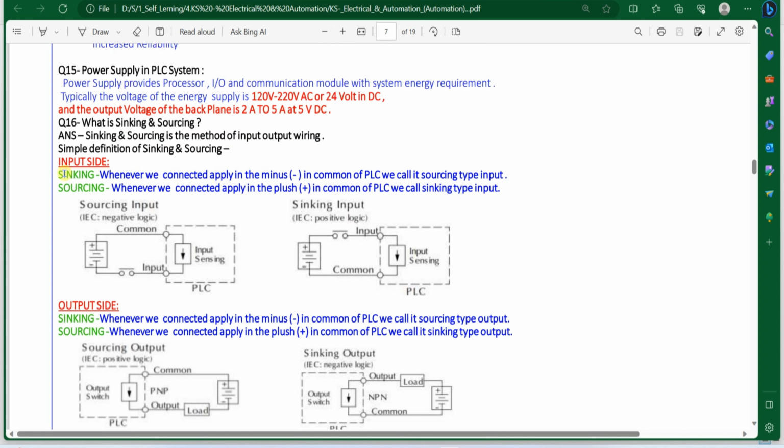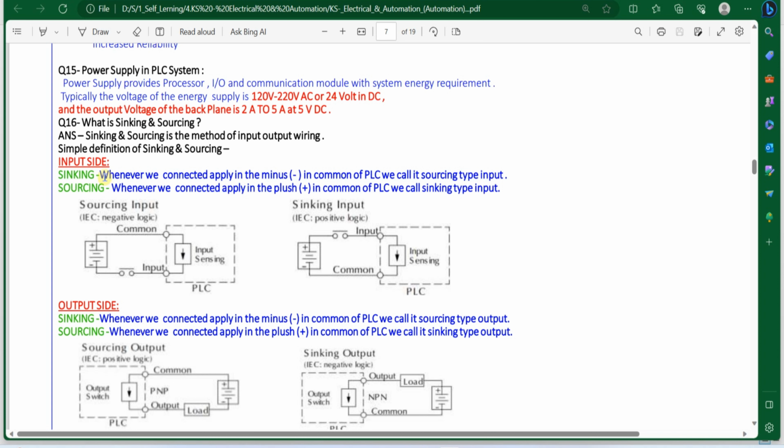In the case of sinking wiring, observe here, where we connect the power supply minus in the common, we call it sourcing type input.